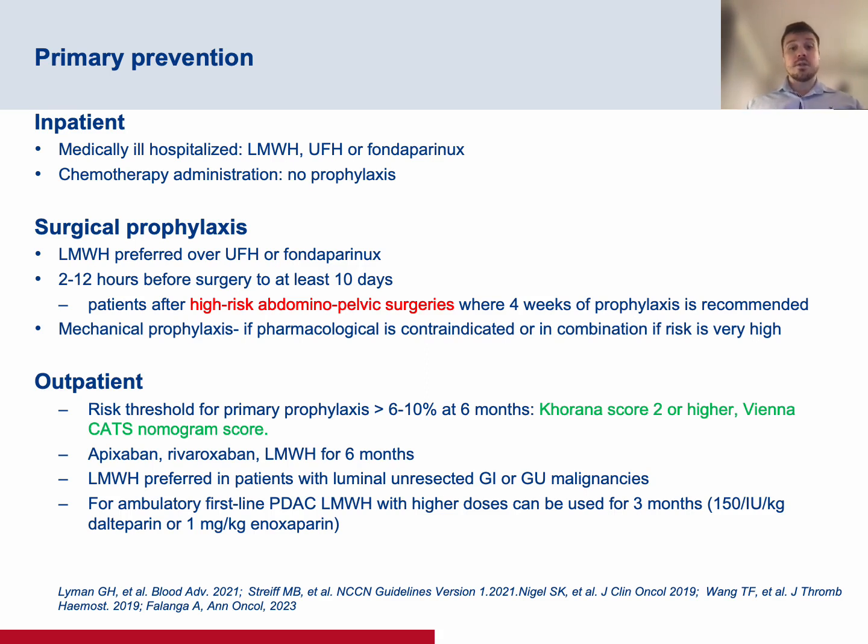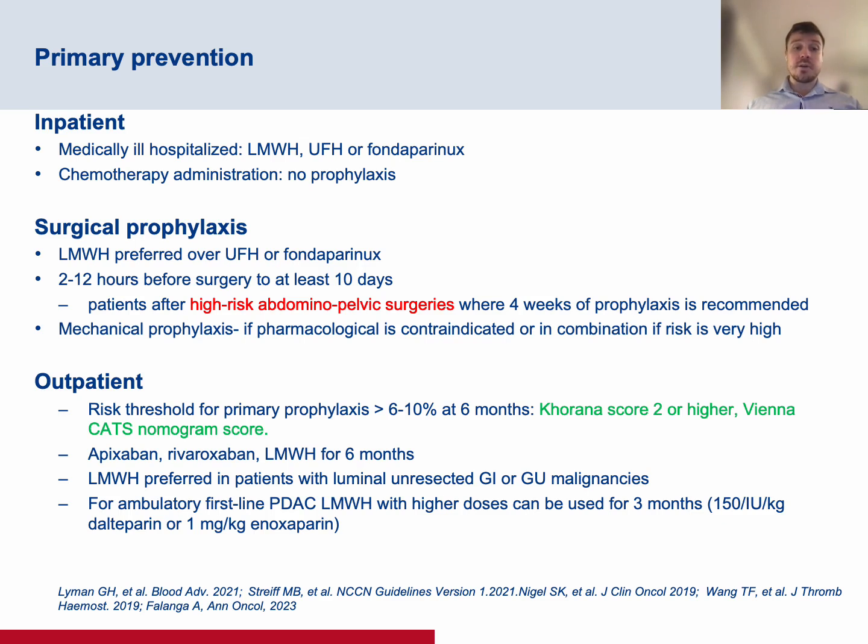Prophylactic anticoagulation with apixaban, rivaroxaban, or low molecular weight heparin is now preferred in outpatients who fall into the high-risk category based upon validated risk assessment tools such as Corona score or Vienna CAT score. Low molecular weight heparin is preferred in patients with GI or GU malignancies where there is higher risk of bleeding with DOACs.